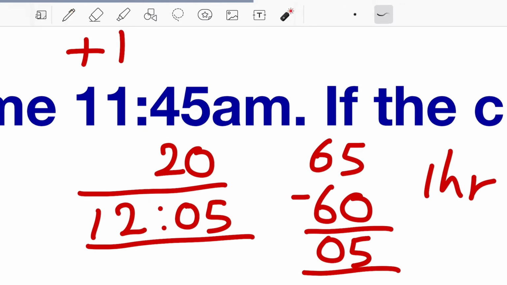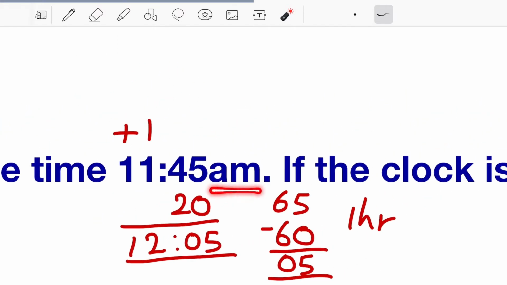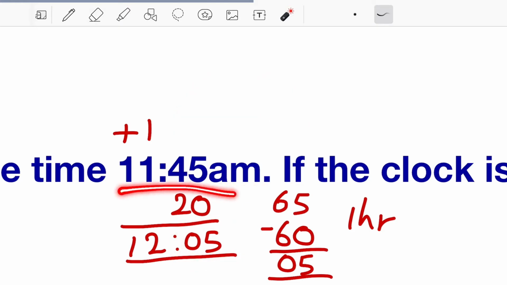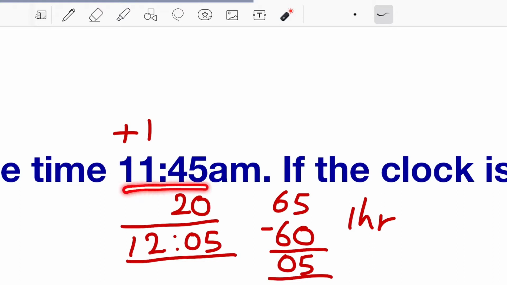Is it going to be AM or PM? Well, what happened is we just moved over from AM. We went forward 20 minutes, so we crossed the 12. So we got 12:05. So 11:45 a.m. is around midday, and once we reach midday, it becomes PM. So if it's morning and we cross 11, and we go over to 12, it becomes PM.